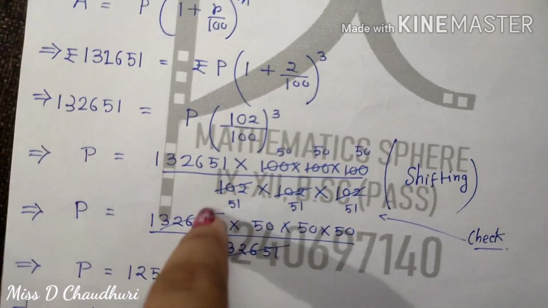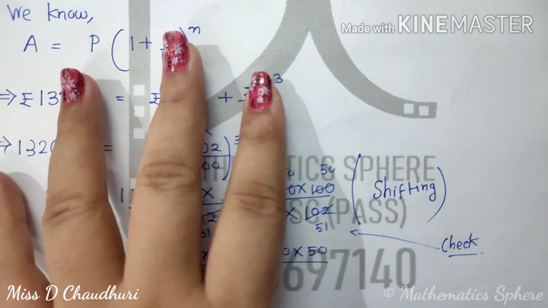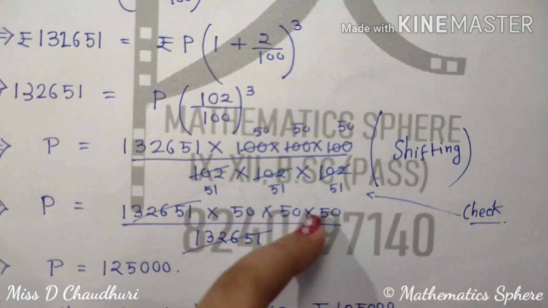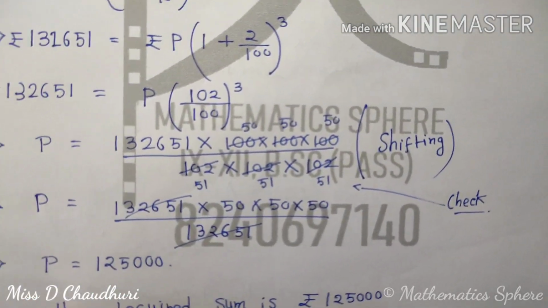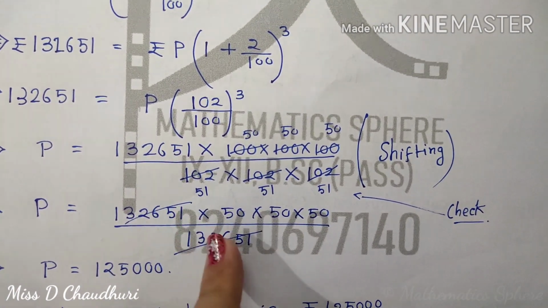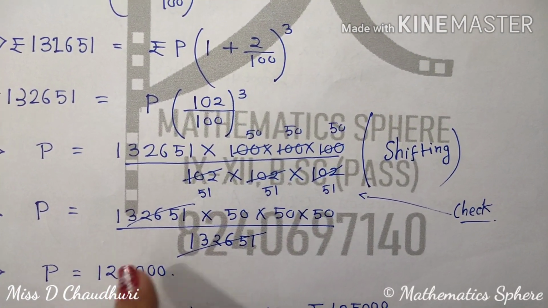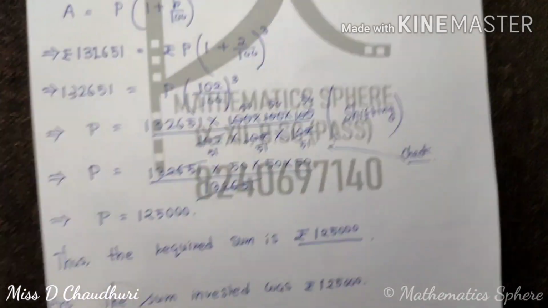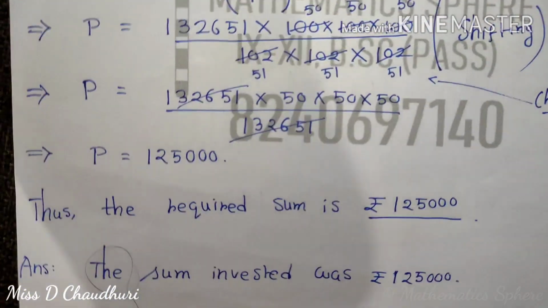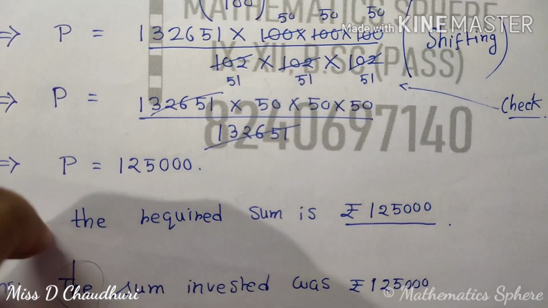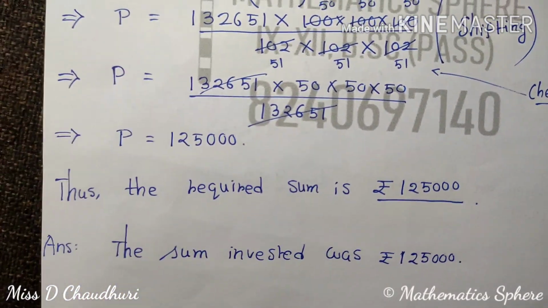No need of cutting these. Do not go into that mess. Just cancel it out properly. Now everything gets cancelled, so 50 50 50 into 5 5 5 will give you 125, and 0 0 0 will come. I wanted to tell you that the P's are generally good numbers, they do not come in decimals.